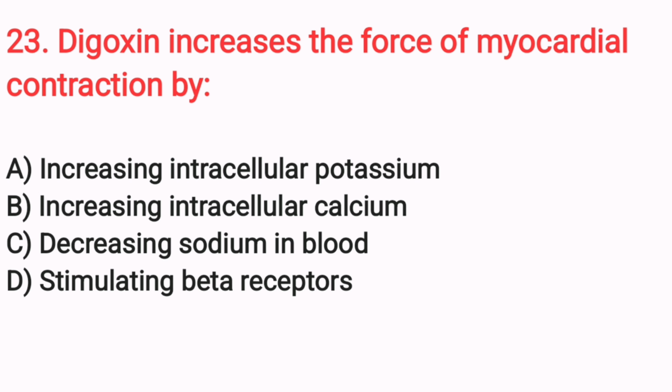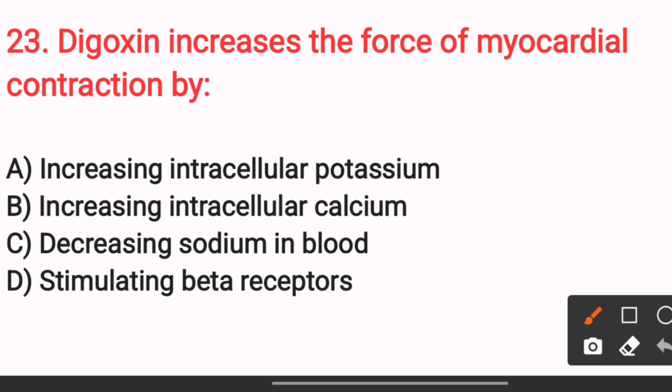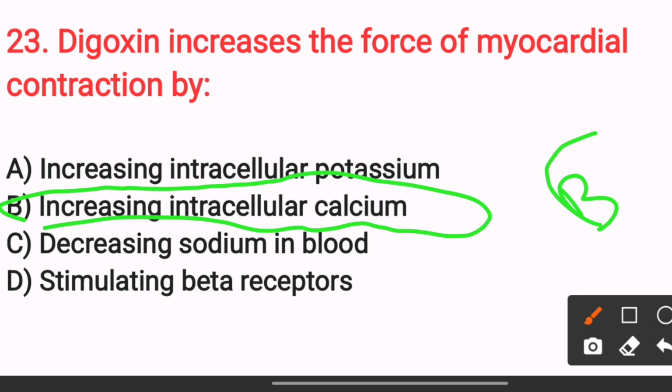The answer is option B, increasing the intracellular calcium, because inhibition of sodium-potassium ATPase increases the intracellular calcium, enhancing the contraction. So the answer will be option B.